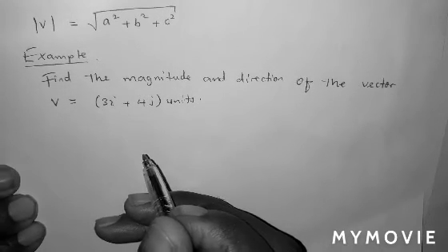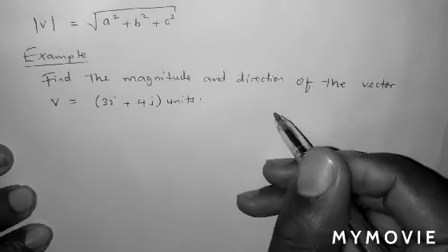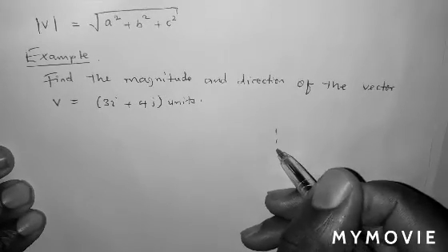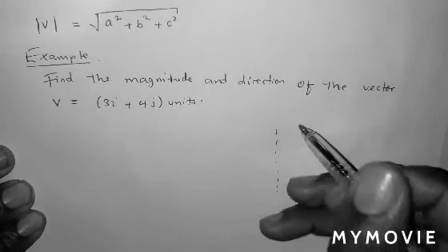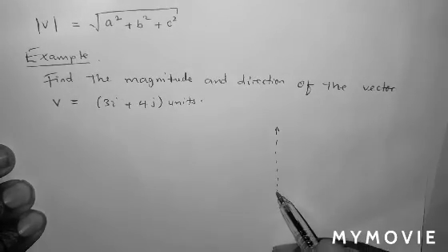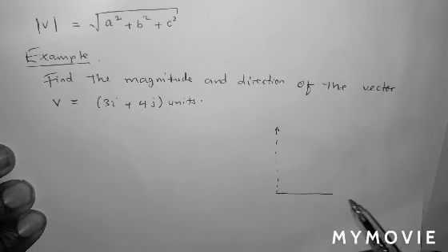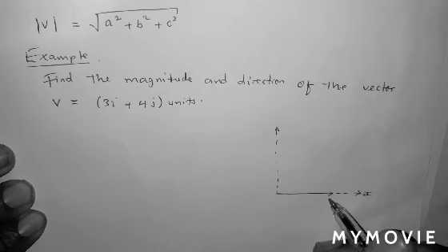In this case, we can first sketch our vector and see. So this is 3.